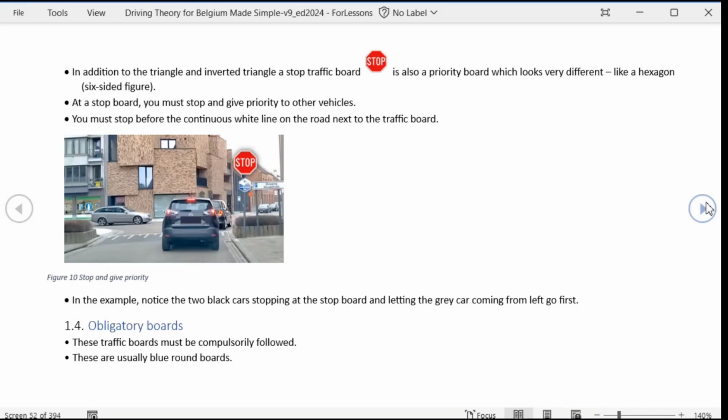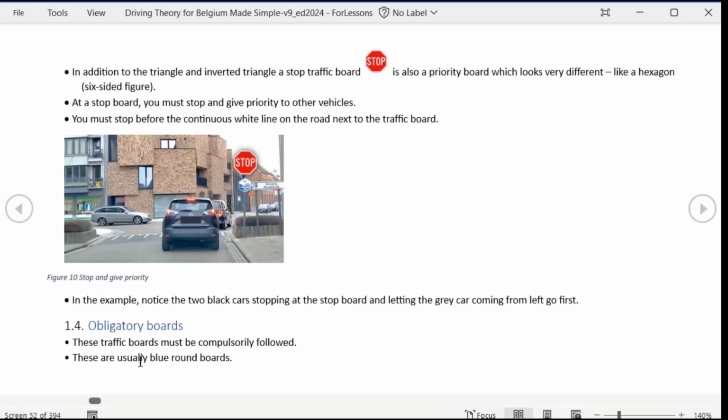You must stop the car and only then should you drive into the junction. Even in your practical exam, when you have this stop board, you must stop the car fully. It should be at 0. And only when it is safe for you to enter the junction, only then should you be entering the junction. So this is also a priority board.